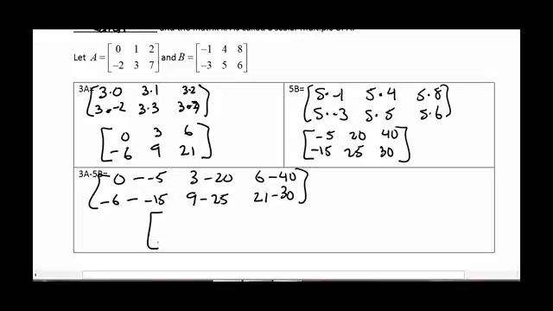And then I just want to go back and simplify all of that. So that would give us 5, -17, -34. That's -6 plus 15, so that would be 9. This would be -16 and -7.